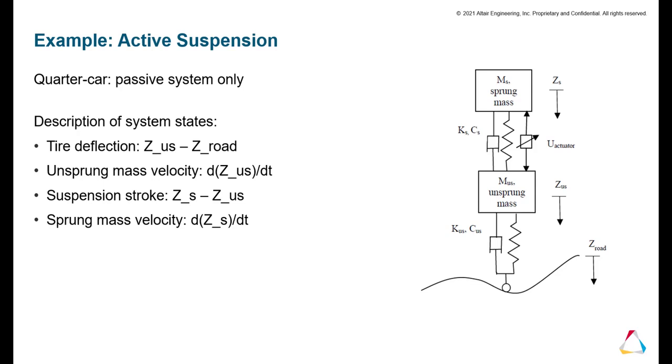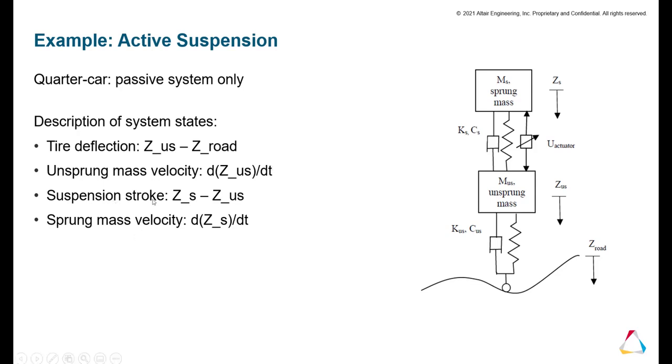So our tire deflection is the difference between the displacement of the road and then the displacement of our unsprung mass, which is the first mass above the displacement of the road. And then our unsprung mass velocity, which is the rate of change of that displacement over time.